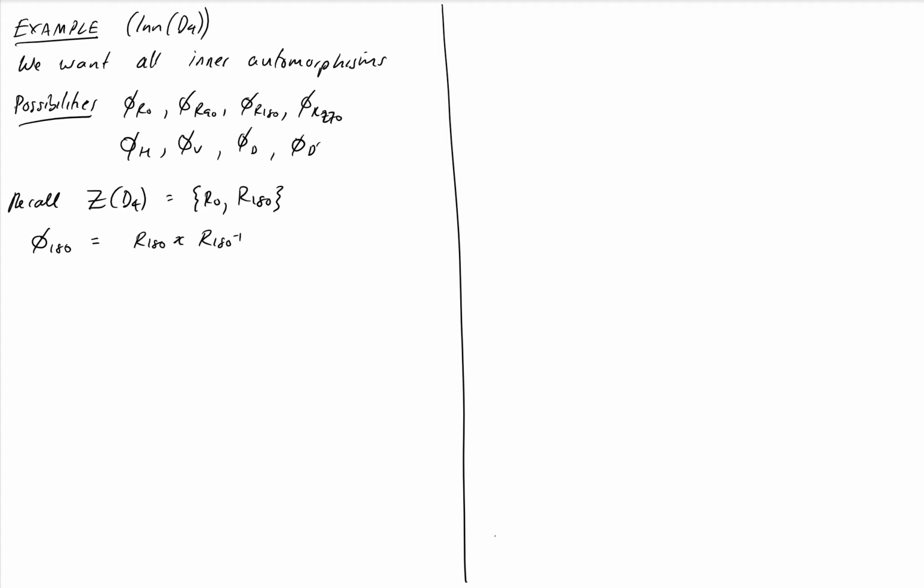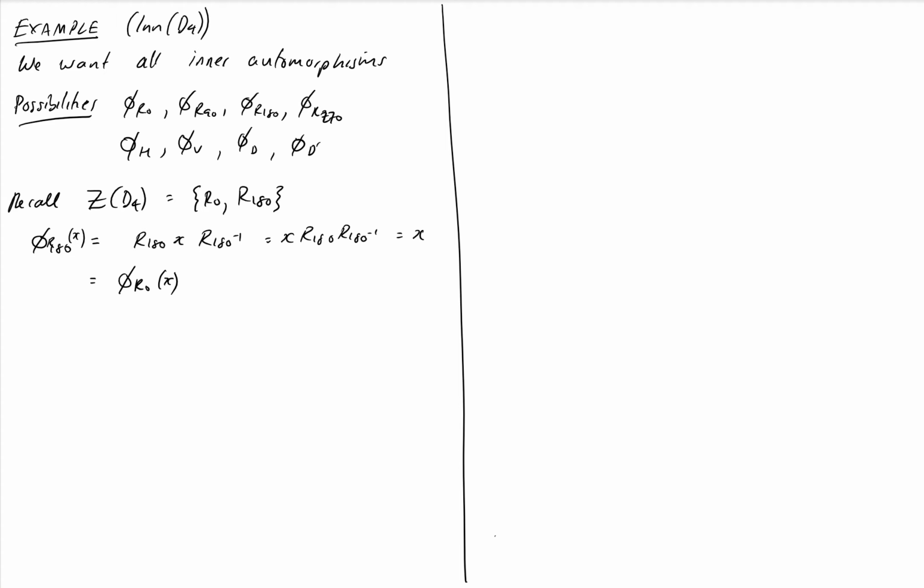But remember, R180 commutes with everything in the group. So that equals x, R180 inverse. This should be of x, sorry. Just equals x, which in turn equals phi R0 of x. So here's a start. Phi of R180 and phi of R0 are actually the same thing. So we've already got rid of one of our possibilities.